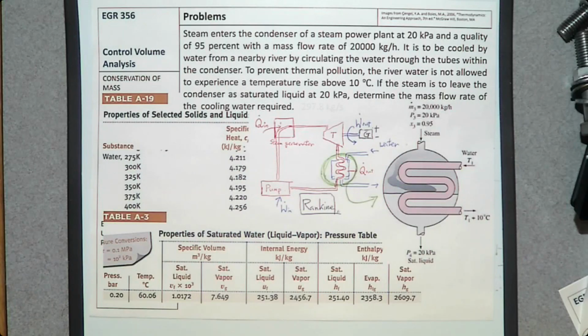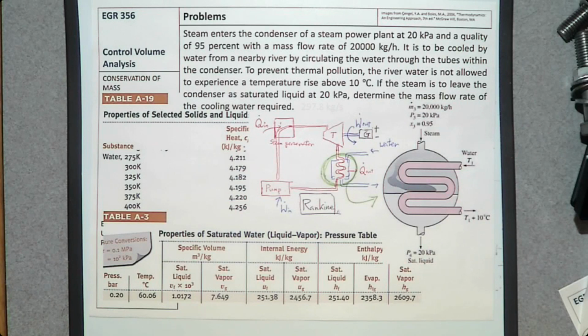And we want to remove waste heat. Once we remove waste heat, the steam condenses to saturated liquid and goes back to this pump, so it can go back to the steam generator. So it can be a cycle, and we can produce electricity continuously.